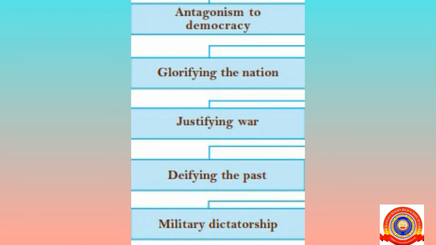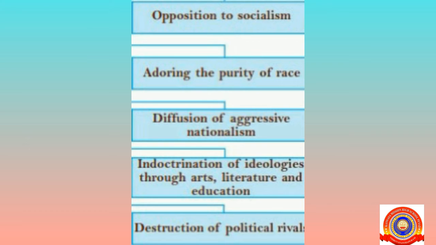Next one is defying the past, military dictatorship, opposition to socialism, adorning the purity of race, diffusion of aggressive nationalism, indoctrination of ideologies through arts, literature, and education, and destruction of political rivals, etc., were the main features of fascism.